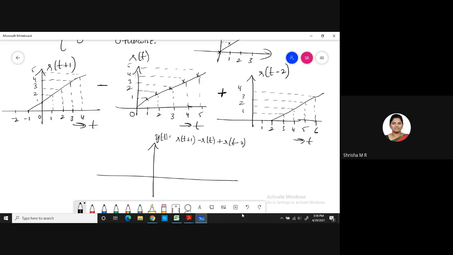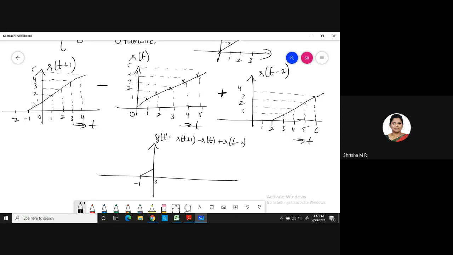So for the interval from minus 1 to minus 0, check what you have in all the waveforms. In the interval from minus 1 to 0, you have a ramp signal going from 0 to 1. Here you don't have anything, and here also you don't have anything. So from minus 1 to 0, you will just have that ramp.